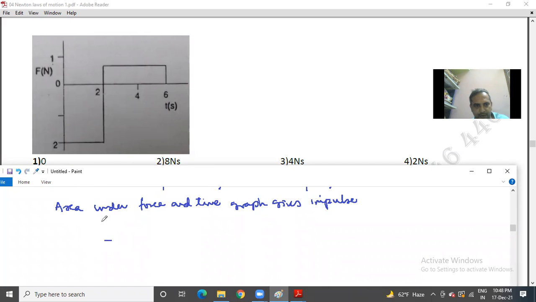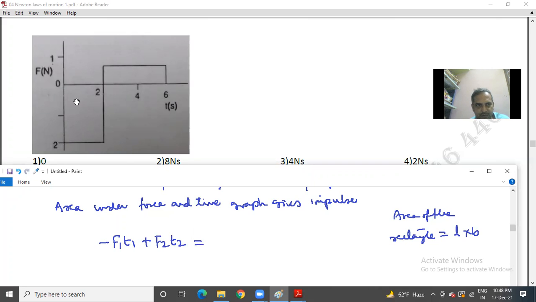So therefore, it will be force into T1, but F is negative. Then in the next case, F will be positive. Let us write F2 T2. Now area of portion 1, area of portion 2. Since it is a rectangle, area of the rectangle is L into B for both the first portion and the second portion. L is just like time and B is just like force.